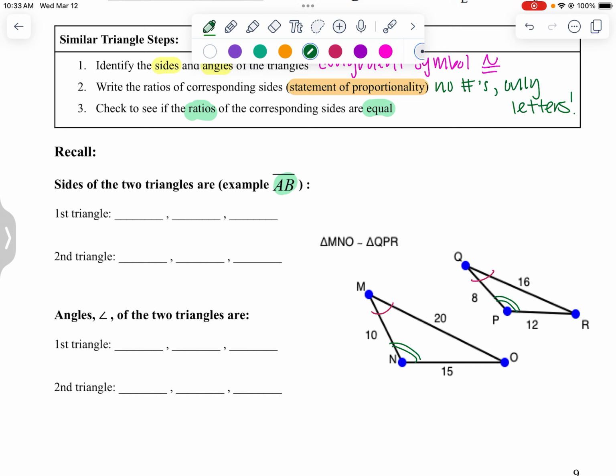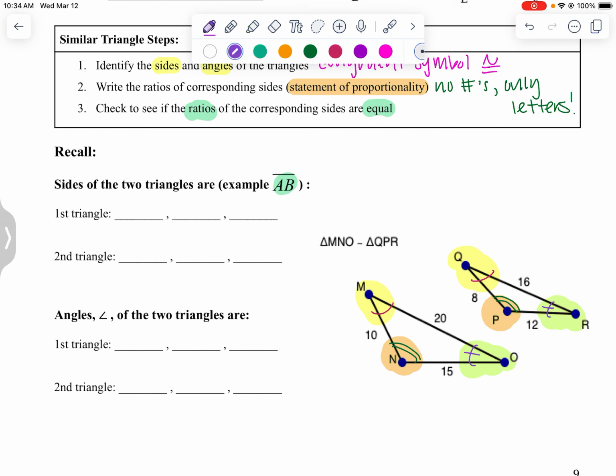And then angle O and angle R are the same, so I'm going to put a tally mark with a little line through it. So this is telling me that angle M and angle Q are the same, angle N and angle P are the same, and angle O and angle R are the same.